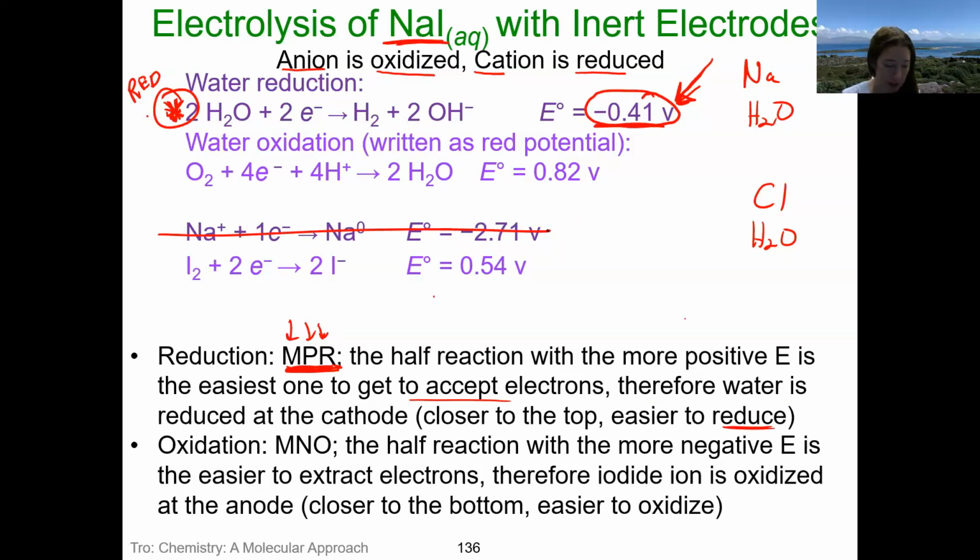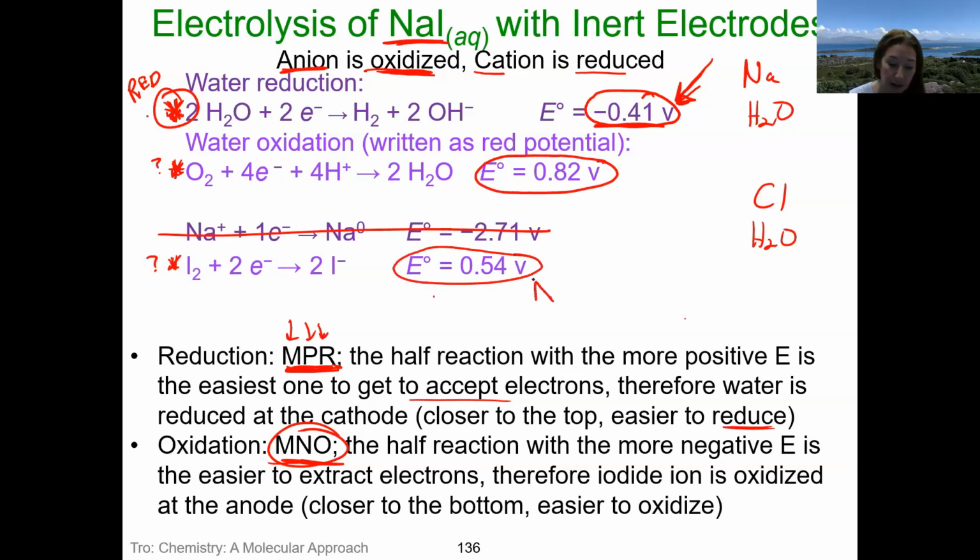Next one, oxidation. More negative is oxidized. So here's the oxidation for water. Here's our equation for the water oxidation. Anions are oxidized, so we have to pick. It's either this one or this one. Whichever one is more negative is going to be oxidized. So our choices are either 0.82 or 0.54.